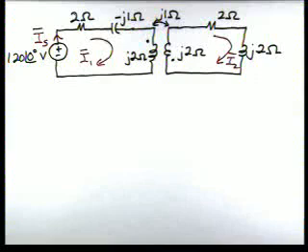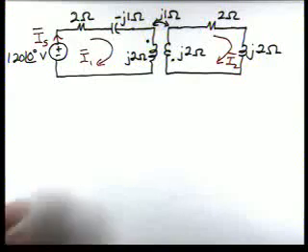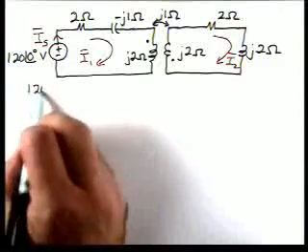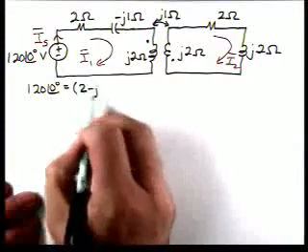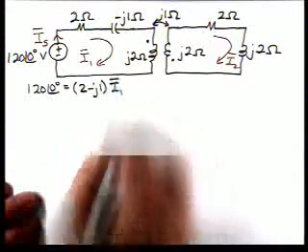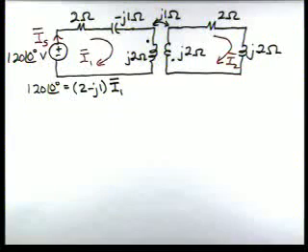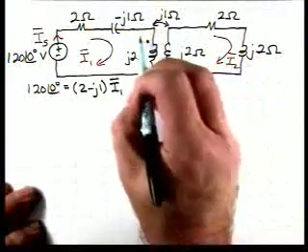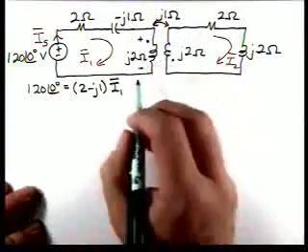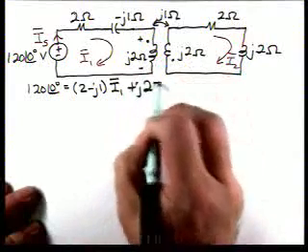Now, let's apply KVL to each mesh in accordance with our problem-solving strategy. If we start off, we'll have 120 at an angle of 0 is equal to, we have a drop here, which is 2 minus J1 times I1. Now we have two voltage terms for our inductor coil. We have one due to current I1, and it's going to be this polarity, J2 I1.